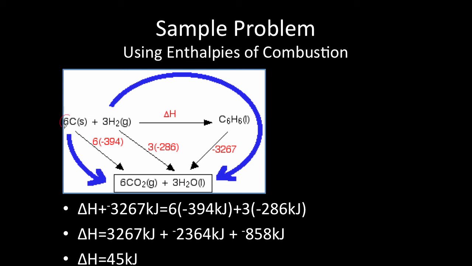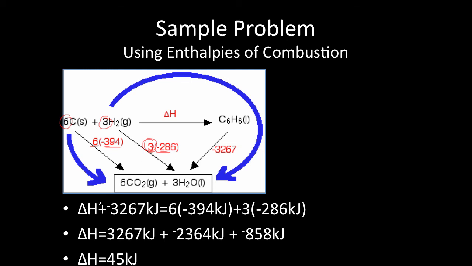Now notice we have coefficients in this particular example. So I'm going to multiply my enthalpies by those coefficients. And remember, these are moles, and these are kilojoules per mole, so my moles will cancel, so my enthalpy is always going to just be in kilojoules, unless of course it is a molar enthalpy.